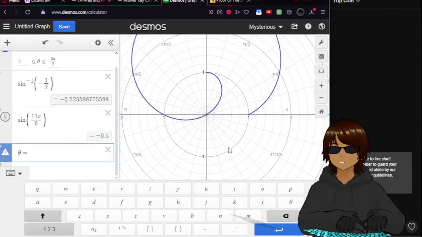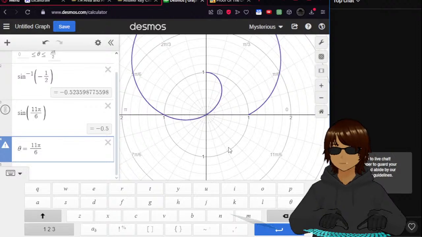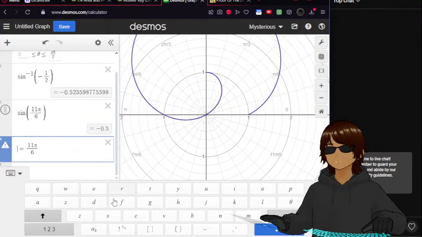Theta is equal to 11 pi over 6. Where is the line? How do I draw a straight line at 11 pi over 6?